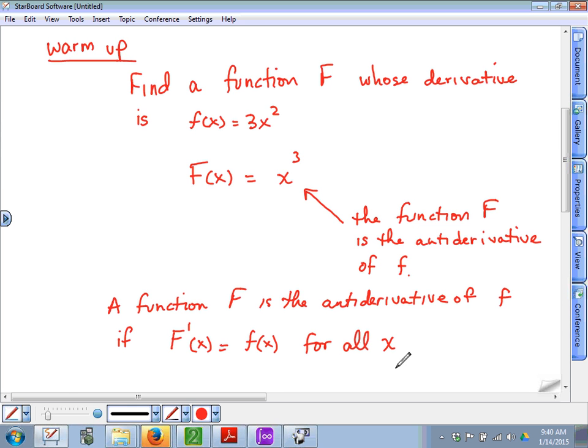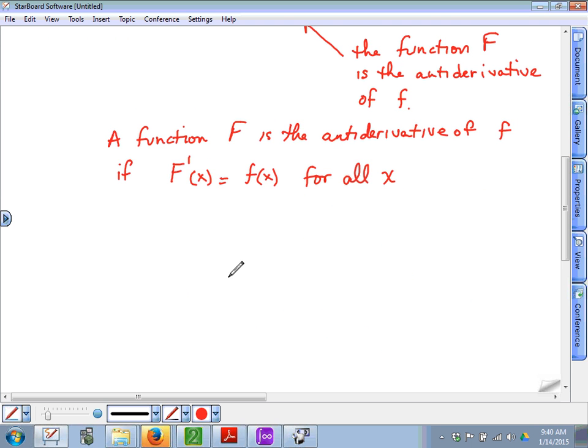But what you guys just were able to do there without much problem: was there a unique antiderivative? No. Didn't we all have different ones? So the antiderivative doesn't necessarily need to be unique. So write this down. This is a theorem.